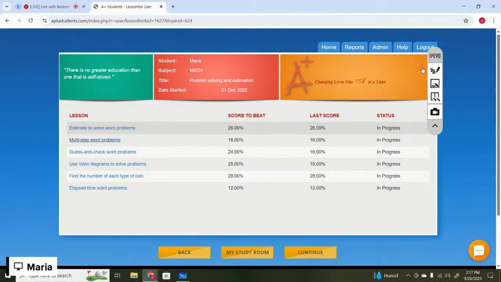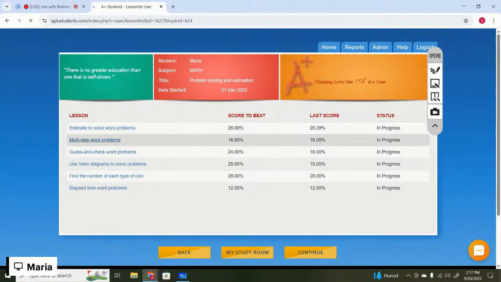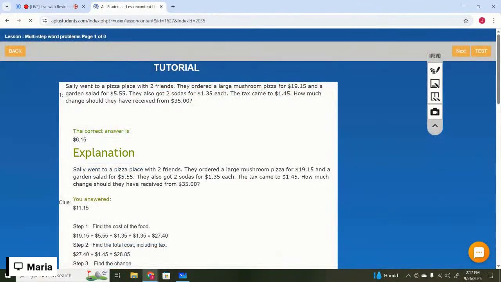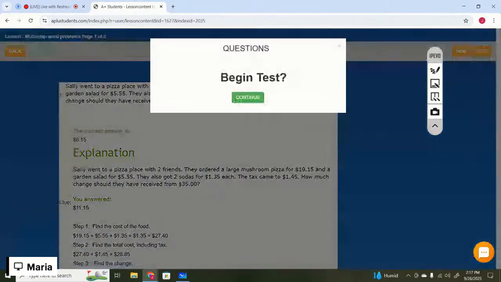The next lesson is multi-step word problems. So let's just start with the lesson. Let's just start with the test questions. You can have a look at the tutorial by yourself later today. They are already solved.